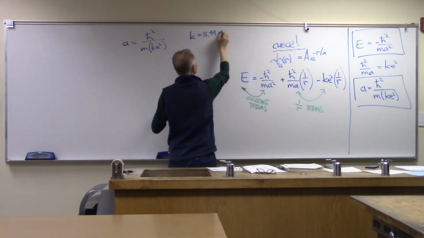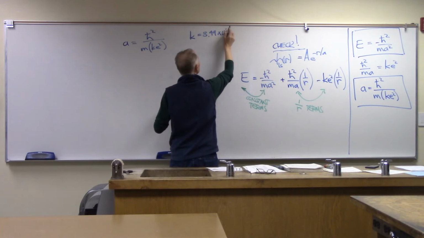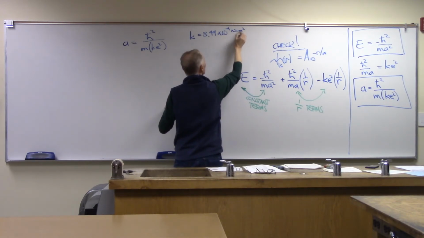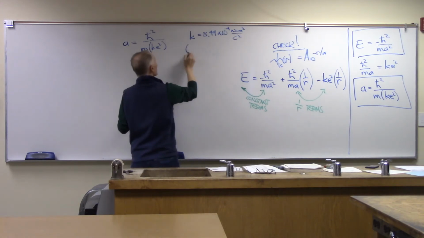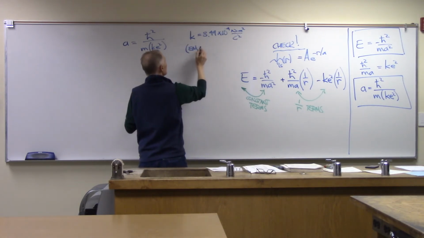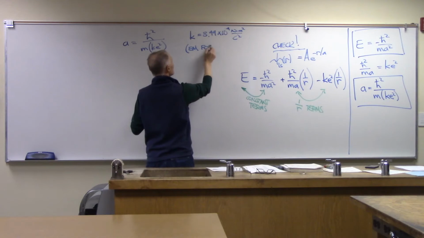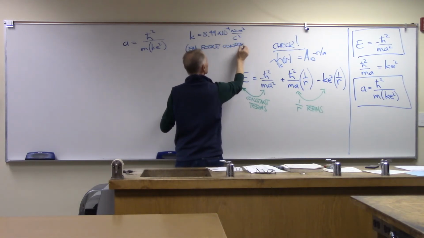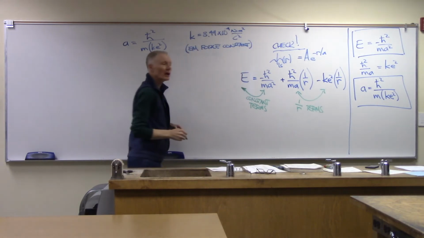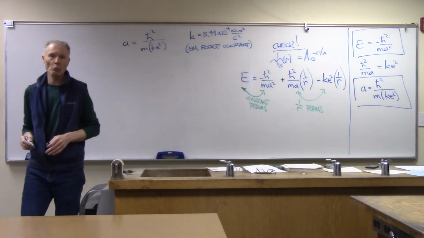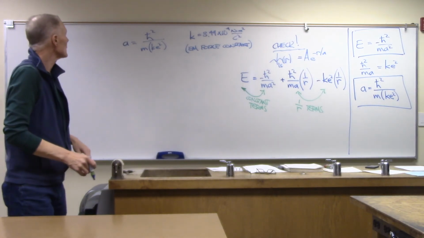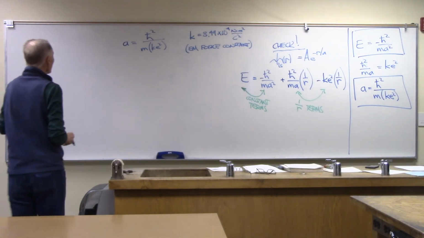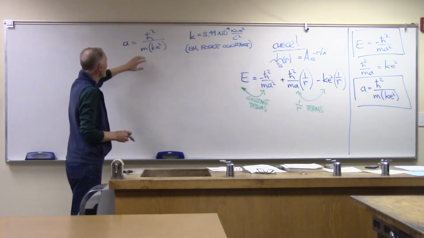K is 8.99 times 10 to the, not minus 9, plus 9, newtons meters squared per coulomb squared. That is the electric magnetic force constant. That's the force constant for the electric force and the magnetic force in nature, which are really one force. And so it says that this value of A depends on that.